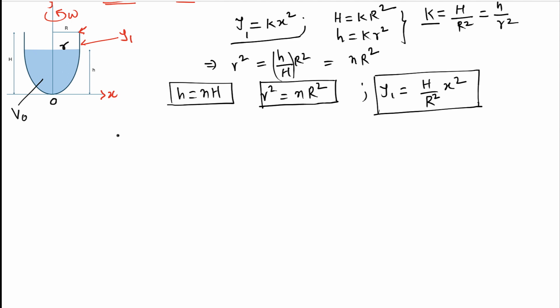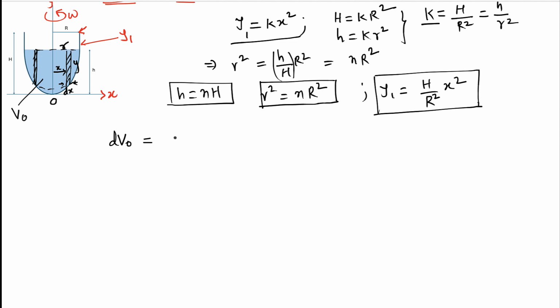And to calculate V0, let's use, at a distance x, a small strip here of dx, and then height y. So the volume of this whole thing, because this is here as well, and it is circular, like this.